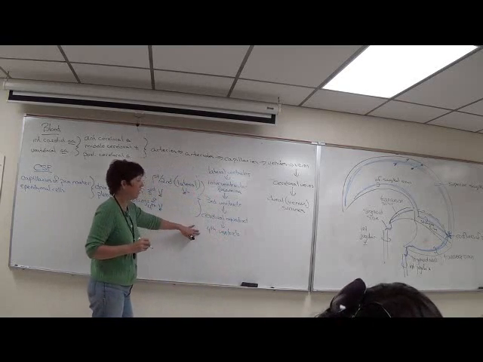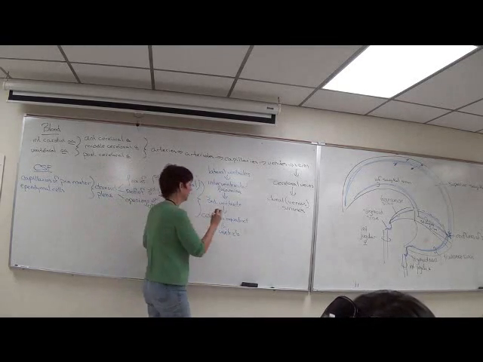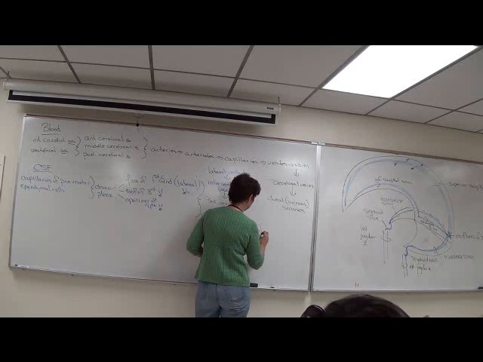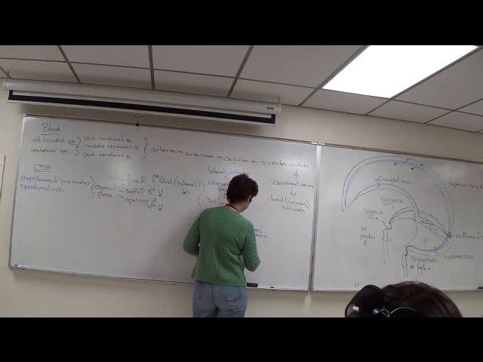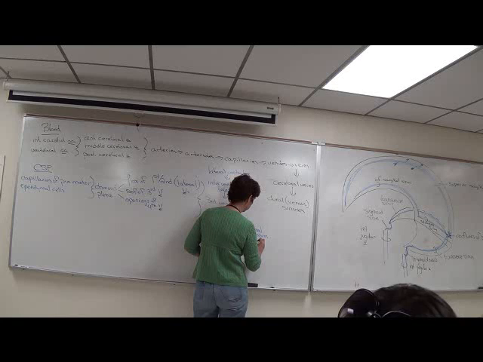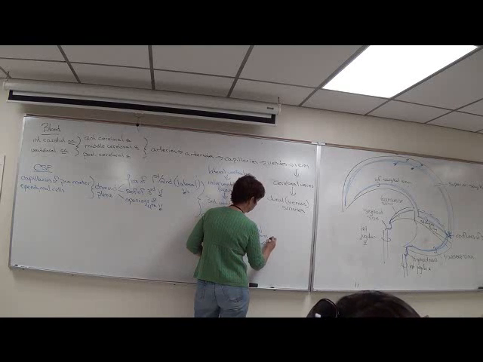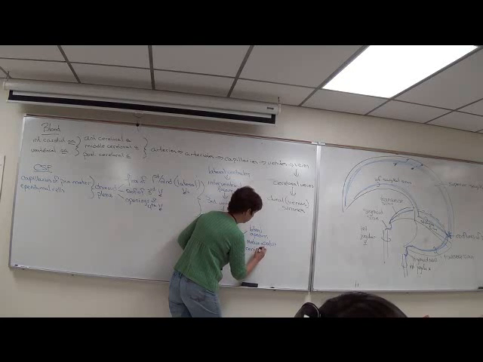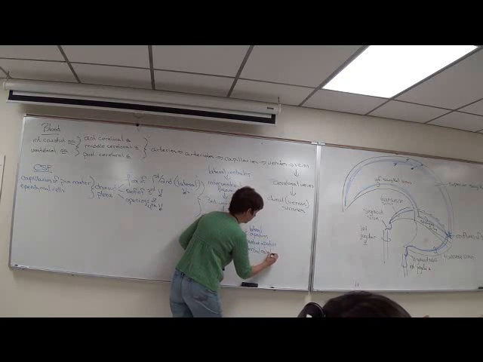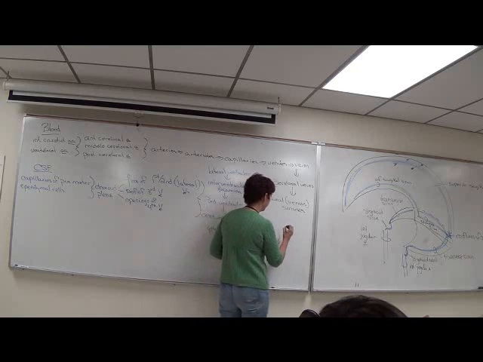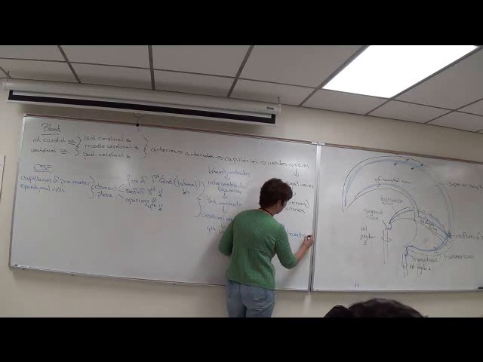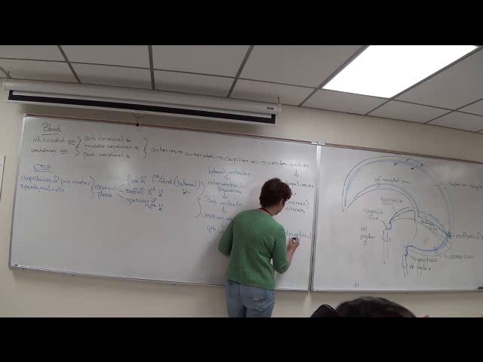Okay? So now we can exit the fourth ventricle either through the lateral apertures or through the single median aperture, or go down through the central canal. And enter into the subarachnoid space.